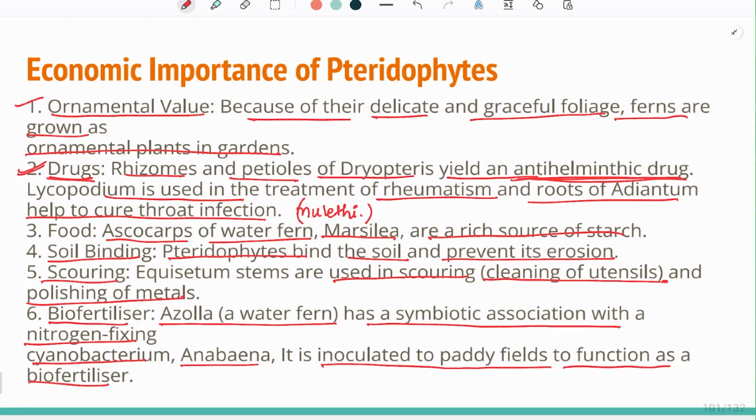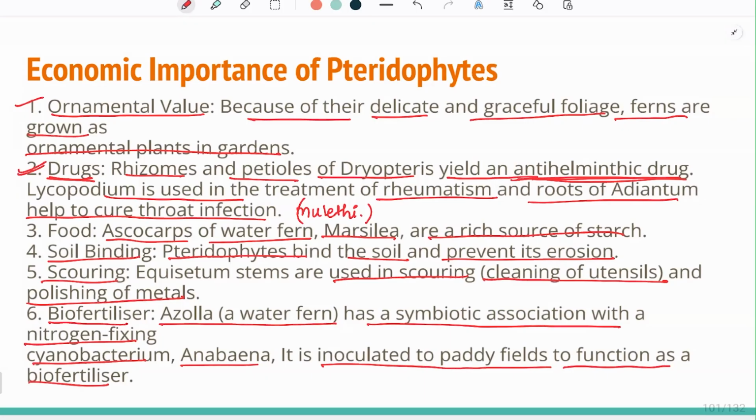Scouring is using plant parts for the purpose of cleaning, as in the case of Equisetum. And they can be used as biofertilizer because Azolla, a water fern, has a symbiotic association with the nitrogen-fixing cyanobacterium Anabaena, and it is inoculated to paddy fields to function as a biofertilizer.